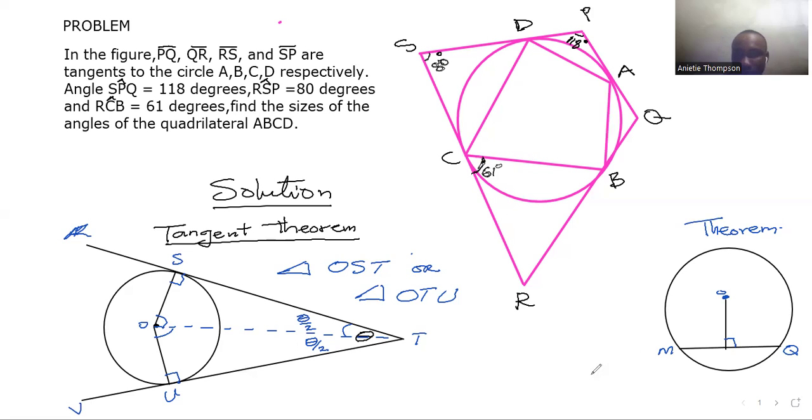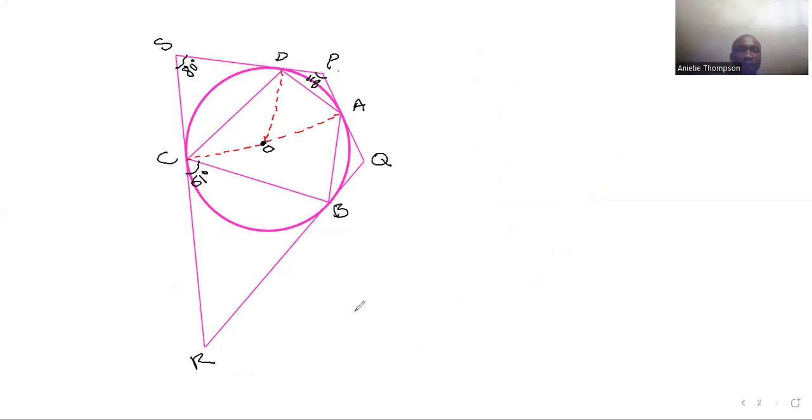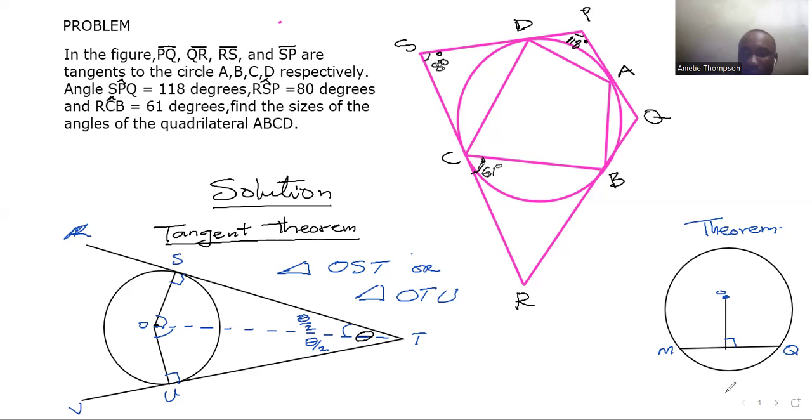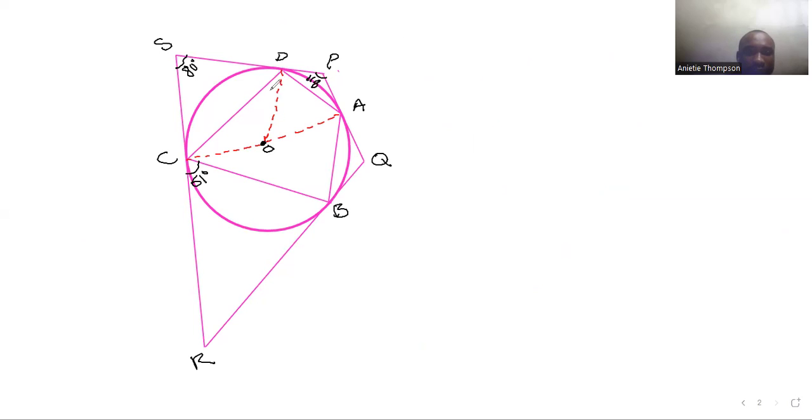So to answer this question, let's move straight to where I've done some analytical work here. In the original problem, you don't have the center here. So the first thing I've decided to do is to locate the center of the circle and produce a line from any of these two points, like this.